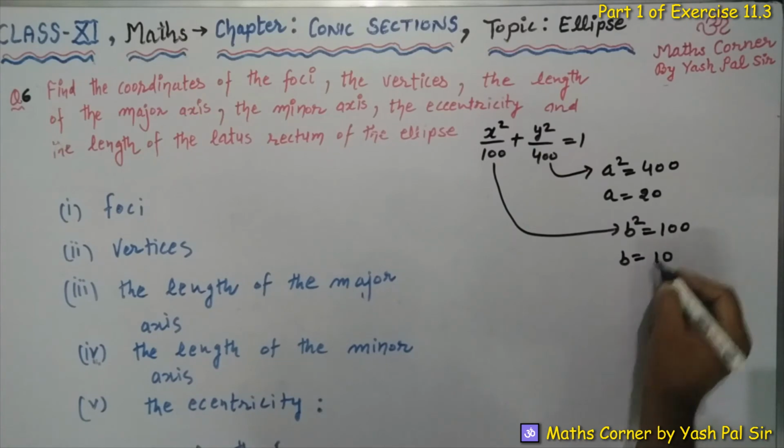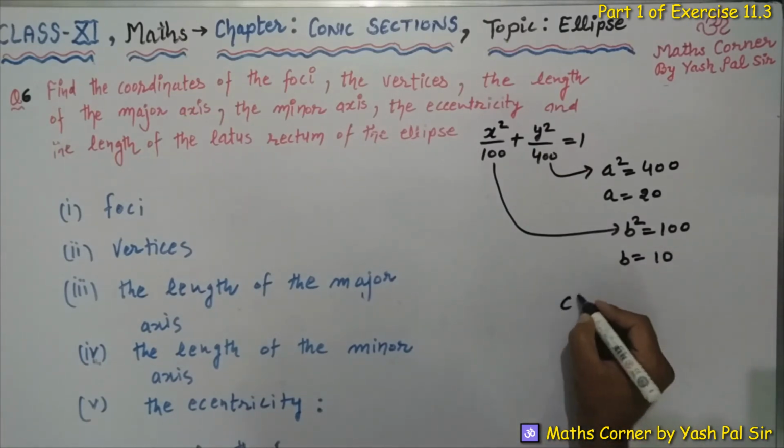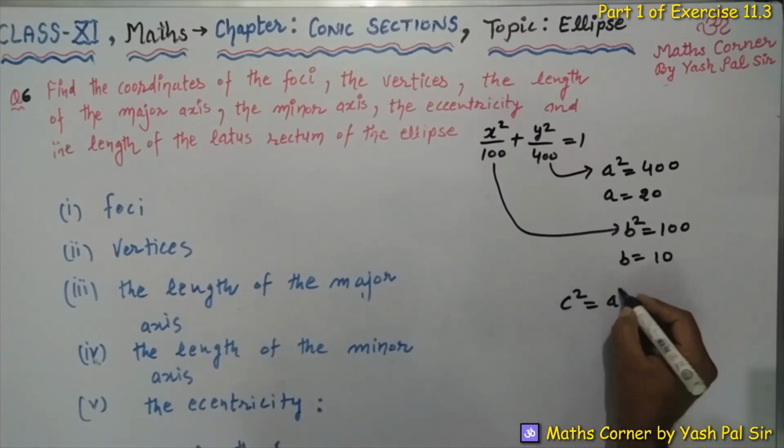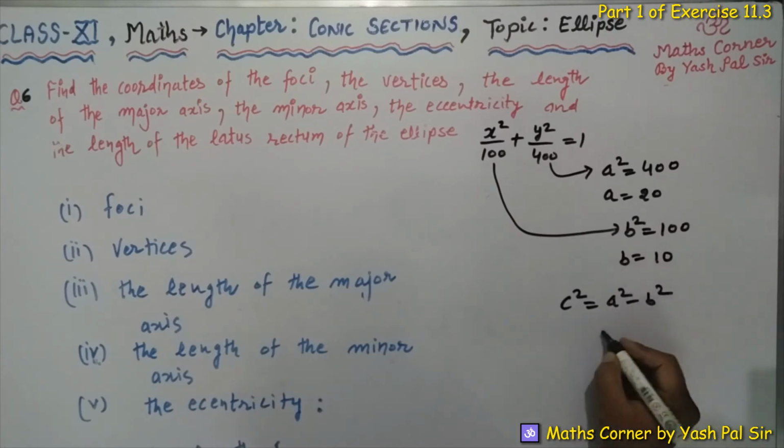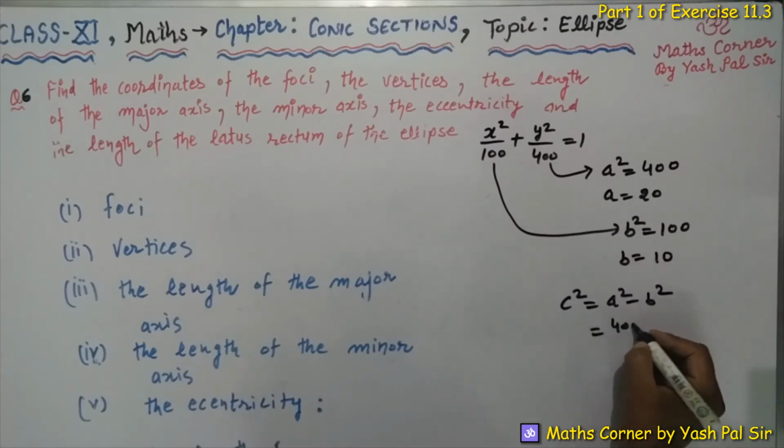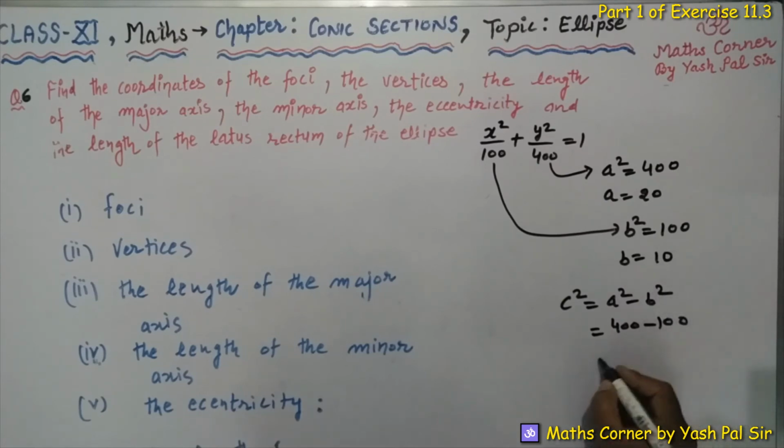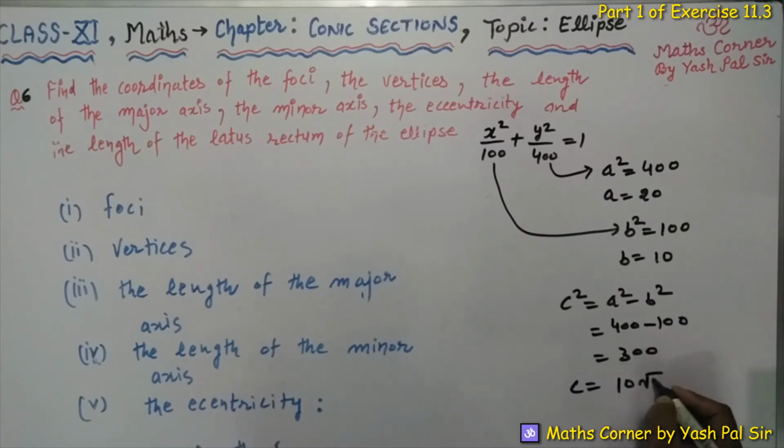That is b is equal to 10. Now we can find c square equal to a square minus b square. 400 minus 100. So this is 300. So the value of c is 10 square root of 3.